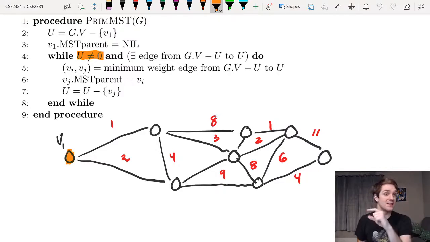So that last case is to guarantee when you have a disconnected graph, that you still get some answer out of the algorithm.